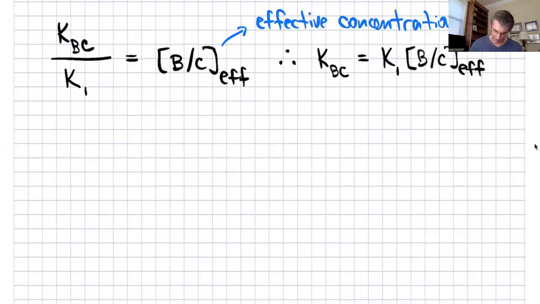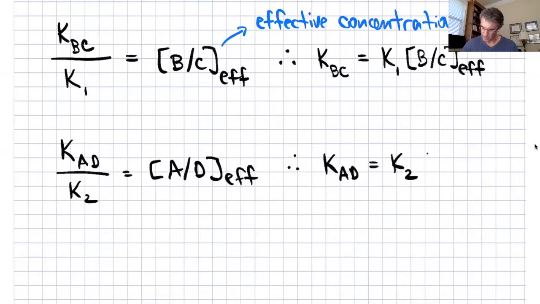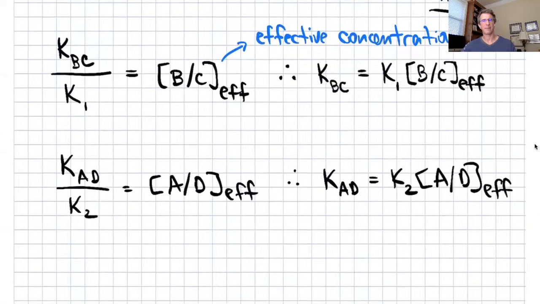And I can do the same thing with that other interaction, the KAD, K2. We're going to define an AD effective concentration, which also means that KAD is simply equal to K2 times the AD effective concentration, right? Okay, that's cool, fine.